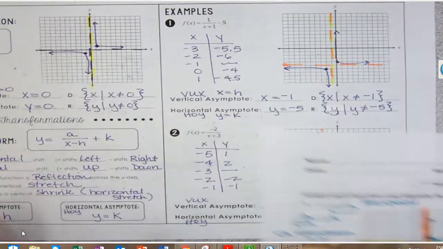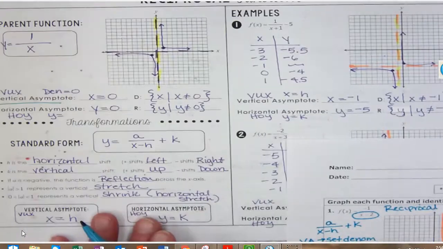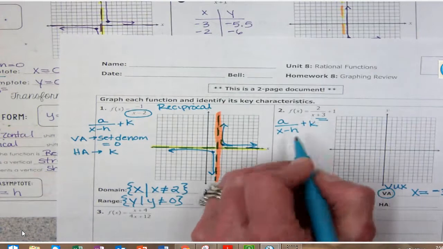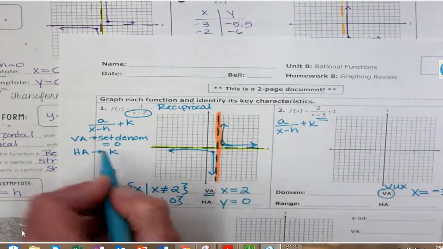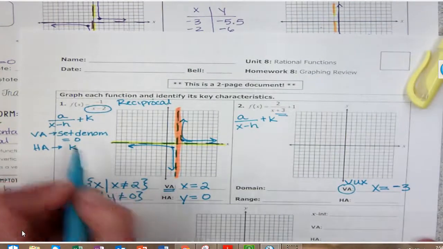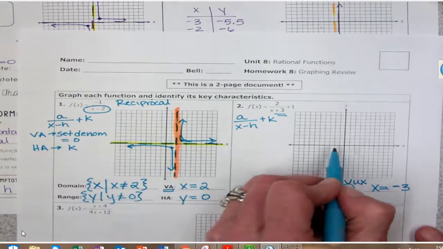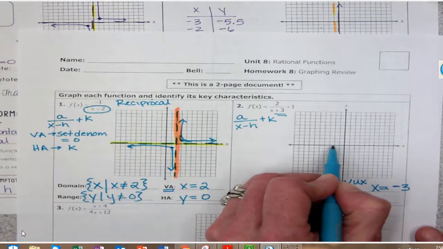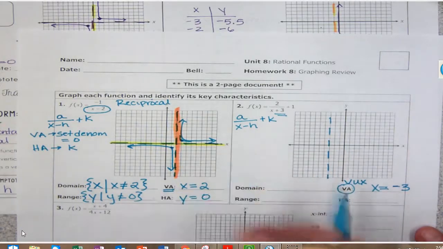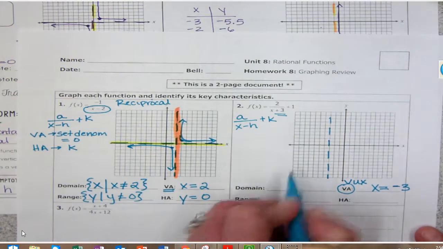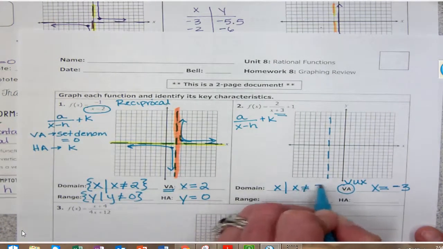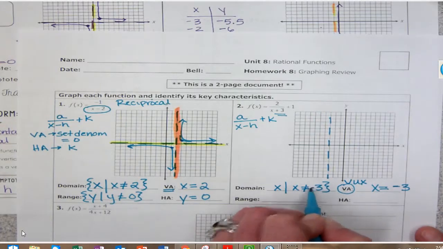Use your map. If you also forget that, you can also just set your denominator equal to 0. That always works. So now I'm going to graph that. X equals negative 3. And I'm going to put my domain as x is all real numbers, but x cannot equal negative 3.